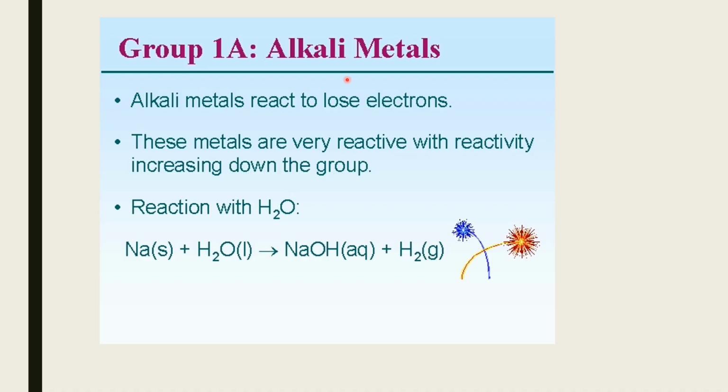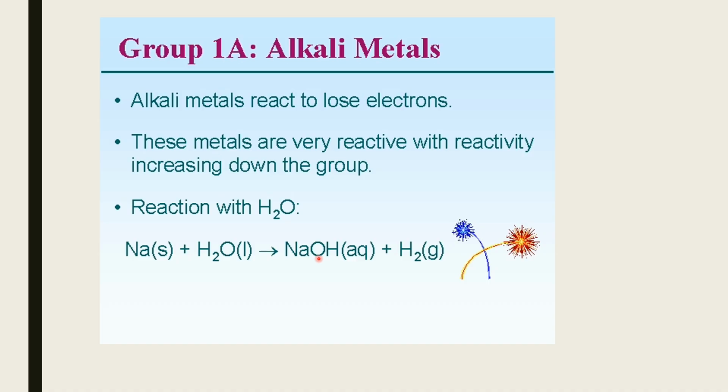Group 1, again known as our alkali metals. The alkali metals tend to lose electrons. These metals are very reactive, and as you move down the group, the reactivity increases. When they react with water, you are going to get a hydroxide.